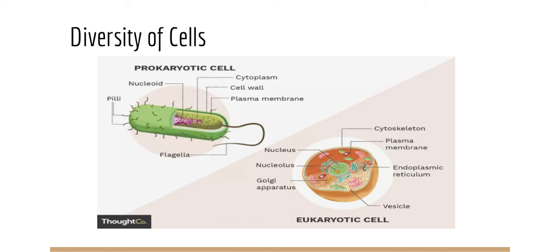But again, eukaryotic cells are more complex. And when I say multicellular, I mean that a human has billions of cells, trillions of cells, and all of these cells contain the exact same information, and they're different because of the functions that they have, but they still have the same exact information, and they have these other little tiny structures known as organelles.